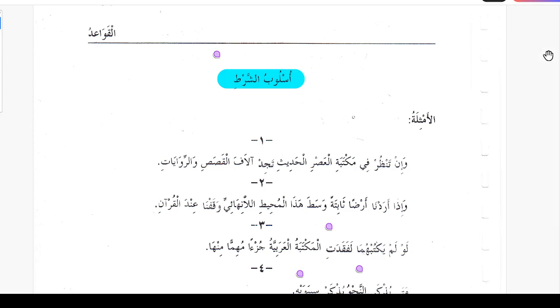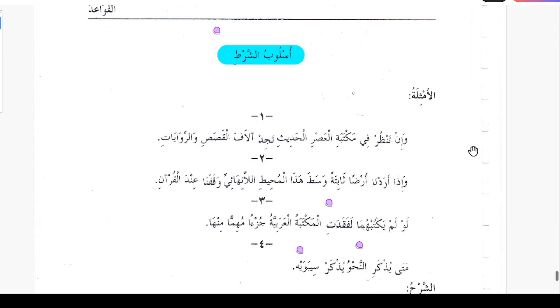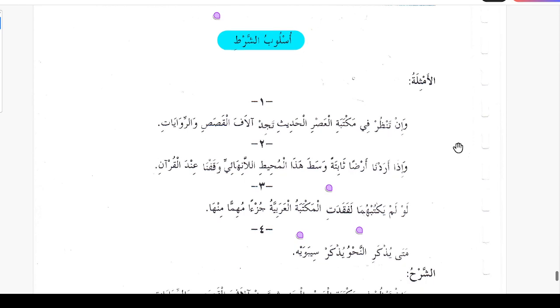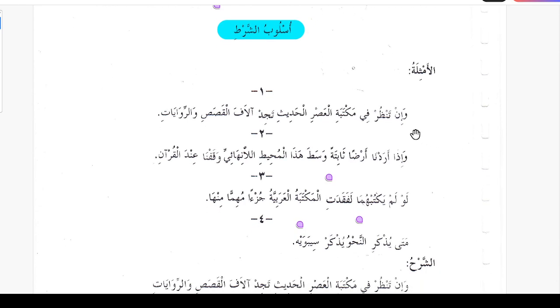So let's get started. Here are some examples. Again, these examples are from the main lessons which we're gonna study after.